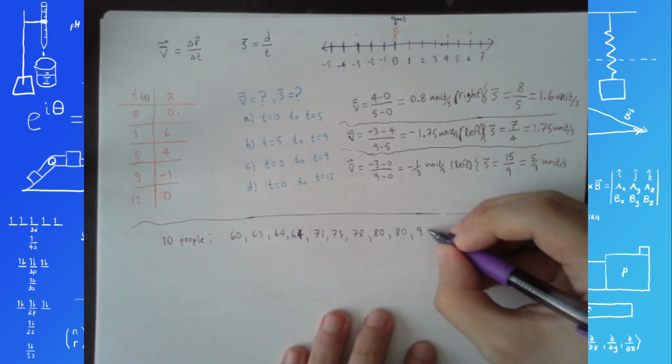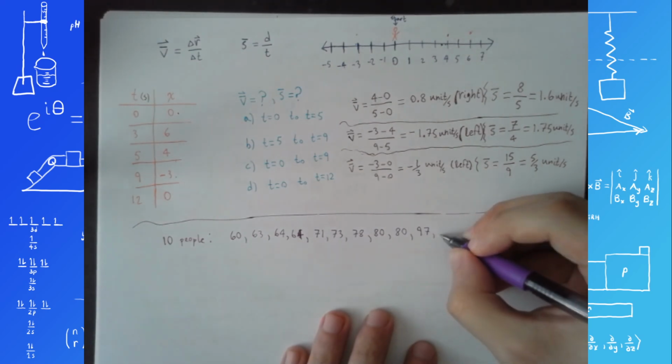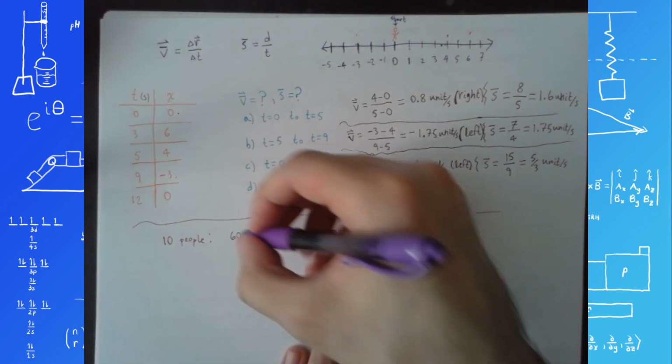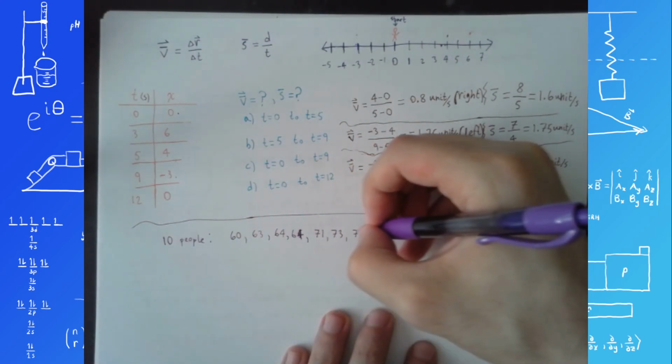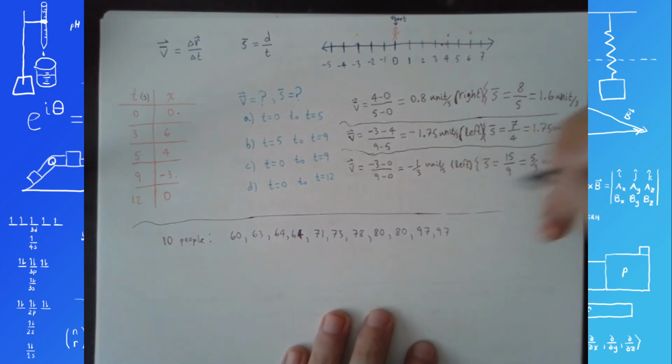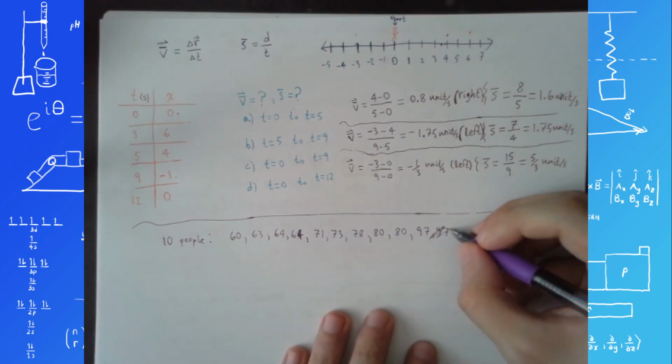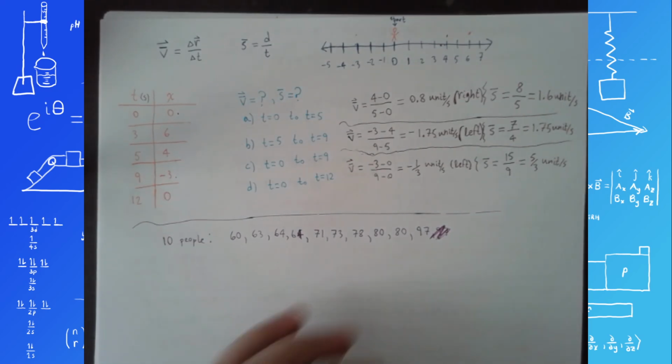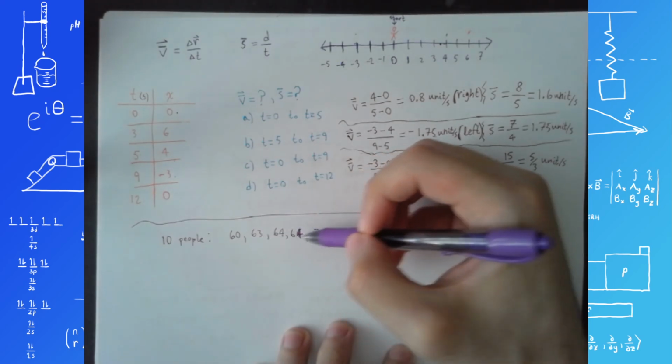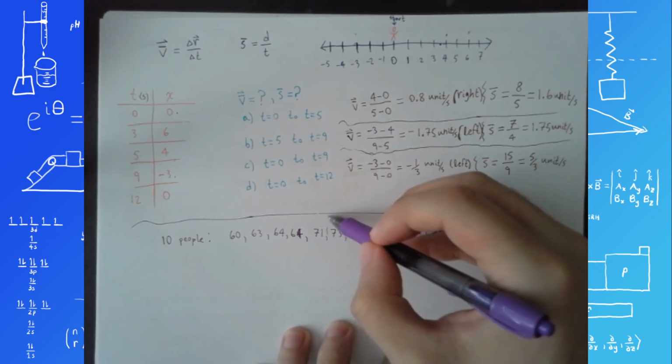And then a couple of people that scored 97. And let's see, 1, 2, 3, 4, 5, 6, 7, 8, 9, 10. Okay, just one person scored 97. Okay, if I split this down the middle, 1, 2, 3, 4, 5, like this.